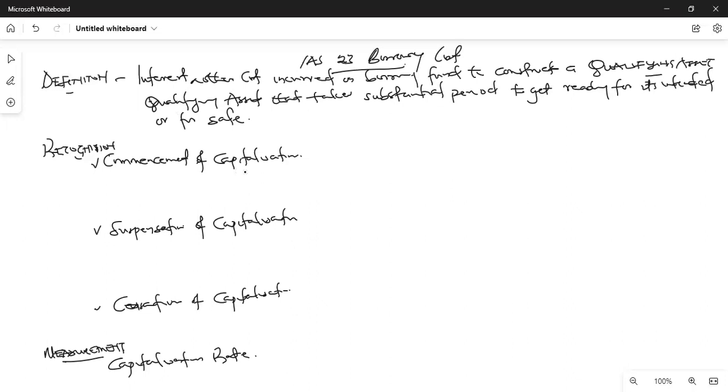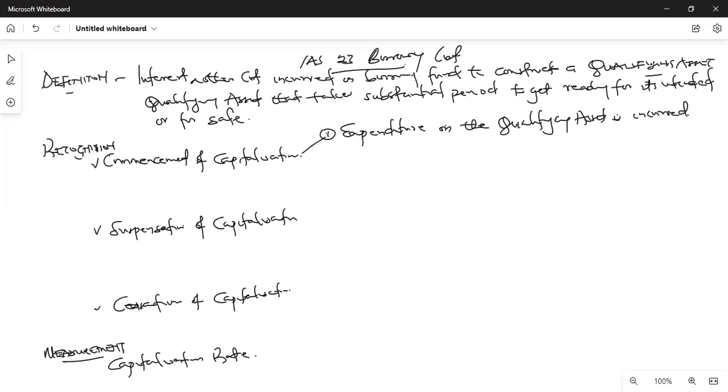All right, let's look at the recognition criteria. The standard gives three conditions that should happen before you begin to capitalize the borrowing cost. Number one, the standard says that the expenditure on the asset, here the qualifying asset, is incurred.